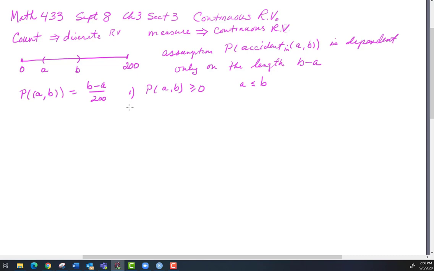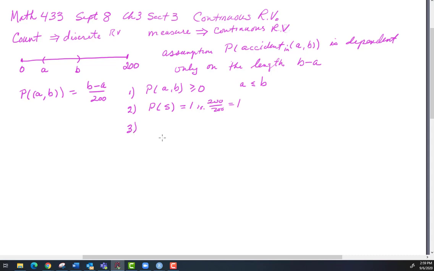That would be positive, and the probability by this definition would be positive. And 2, the probability of the whole sample space would be 1, because the probability of the sample space would be 200 over 200, which is 1.